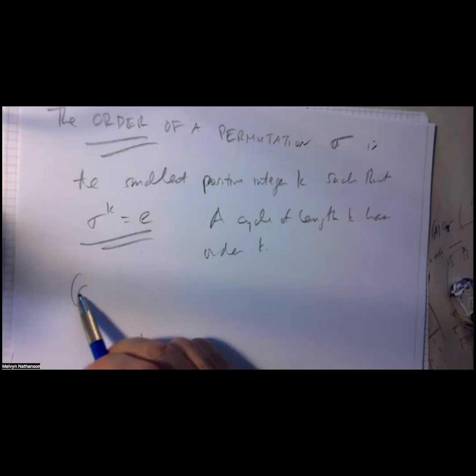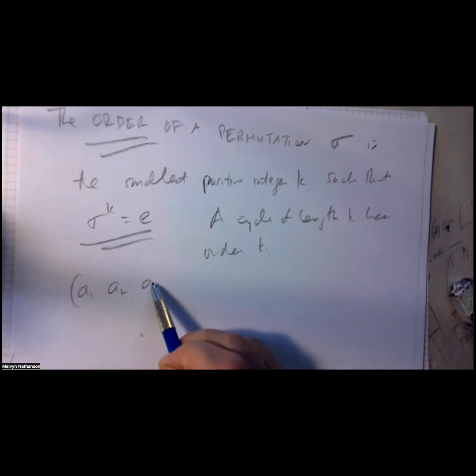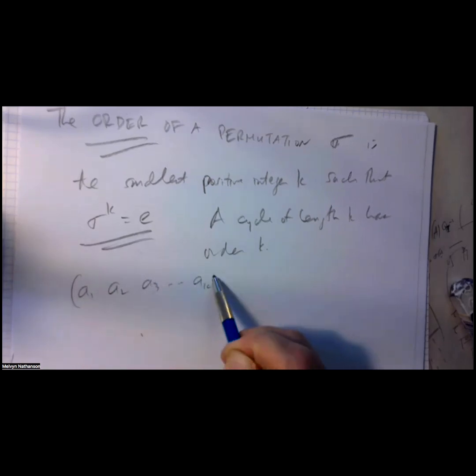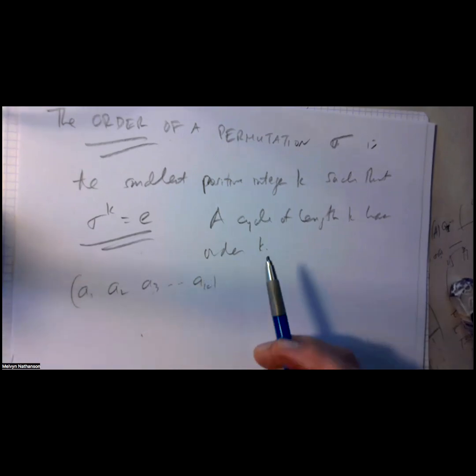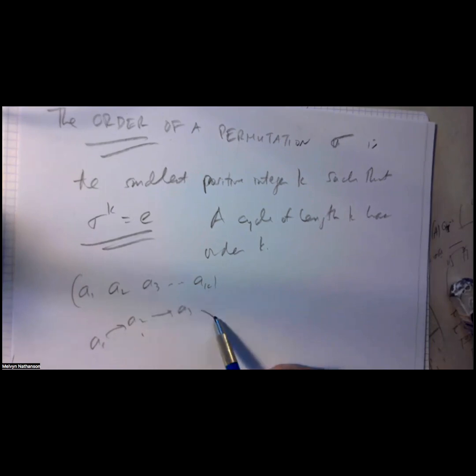Suppose we had a cycle (a1 a2 a3 ... ak). So this means a1 goes to a2, goes to a3, goes to a4, and so forth, goes to a(k-2), a(k-1), ak, and ak goes back to a1.